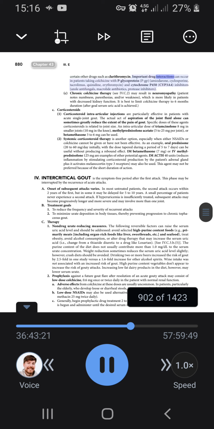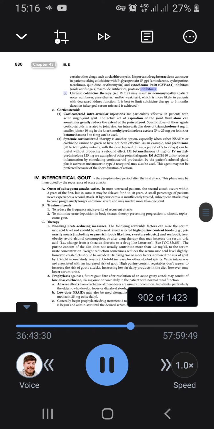Important drug interactions can occur in patients taking colchicine with P-glycoprotein (P-gp) inhibitors, amiodarone, cyclosporine, tacrolimus, quinidine, erythromycin, and cytochrome P450 CYP3A4 inhibitors, azole antifungals, macrolide antibiotics, protease inhibitors.